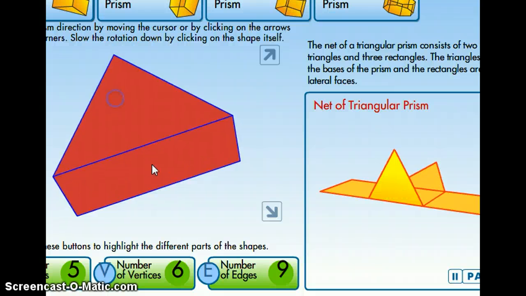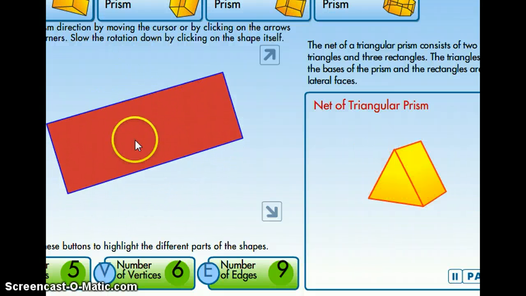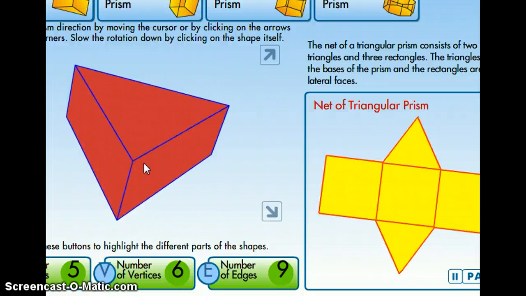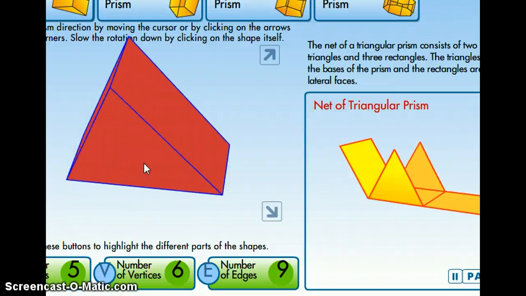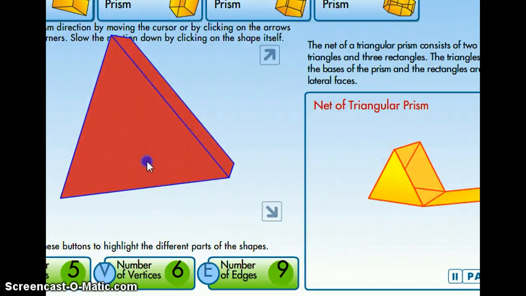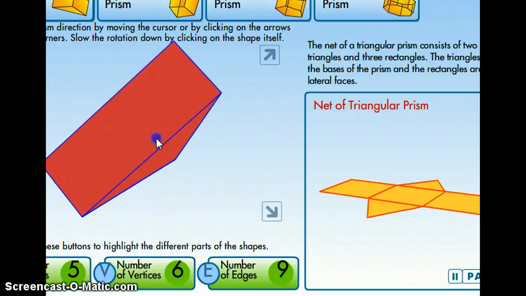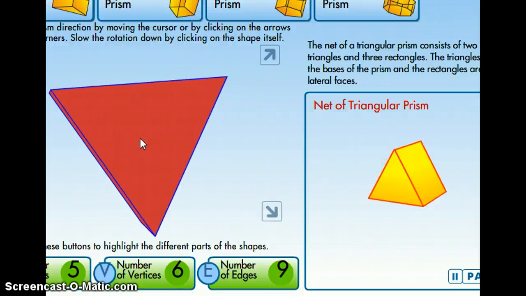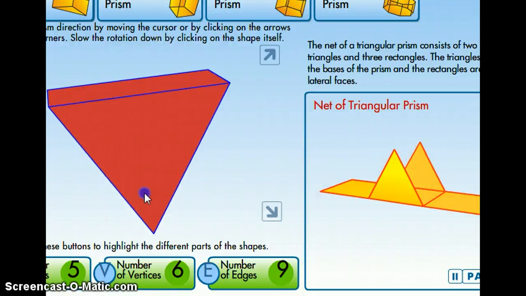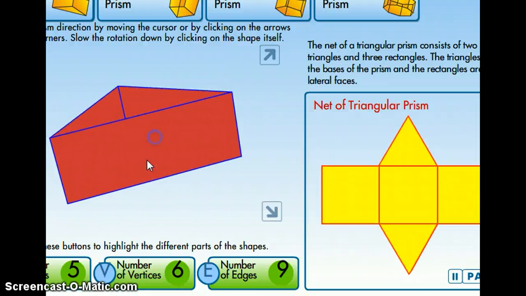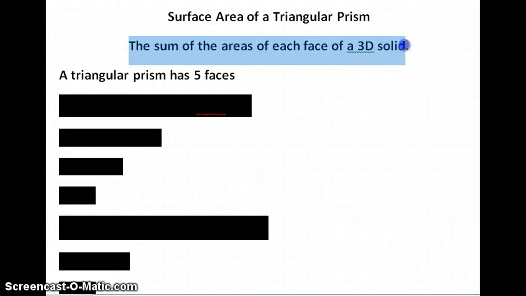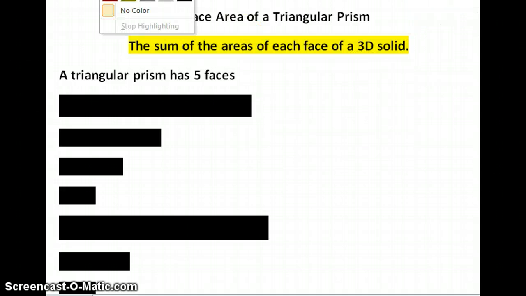With any 3D solid, whether it's a rectangular prism, a triangular prism, a pentagonal prism, an octagonal prism, it doesn't matter what kind of prism or 3D solid, in order to find the surface area, you just find the area of all the faces and then you add them up. So right now we're going to find the surface area for this triangular prism. So, what is the surface area? The surface area is the sum of the areas of each face of a 3D solid.